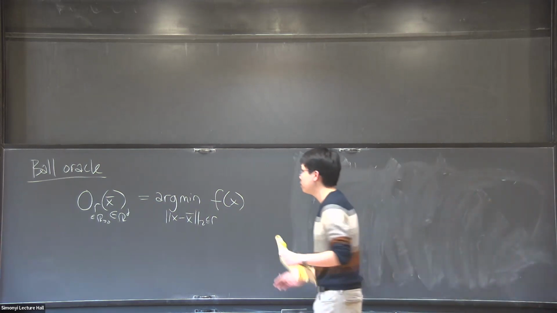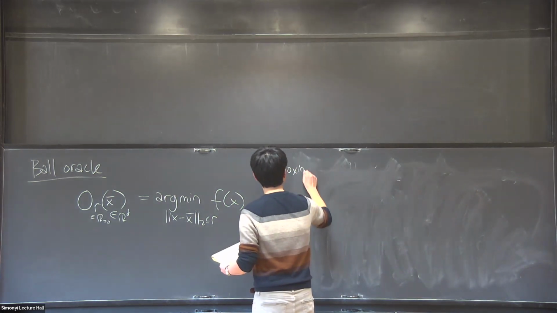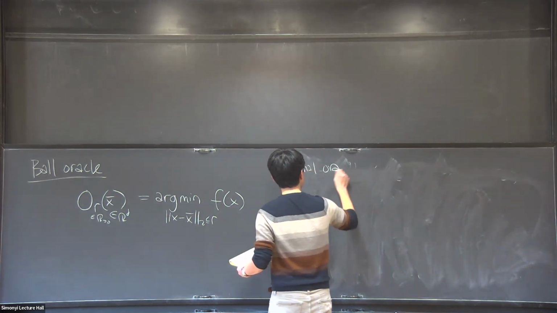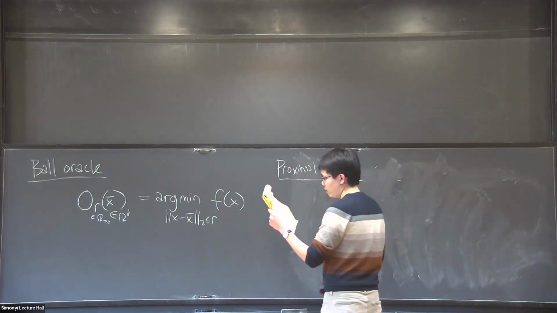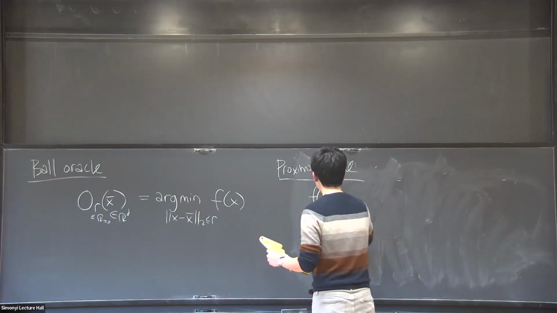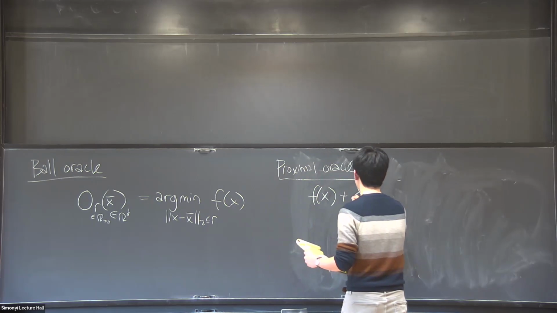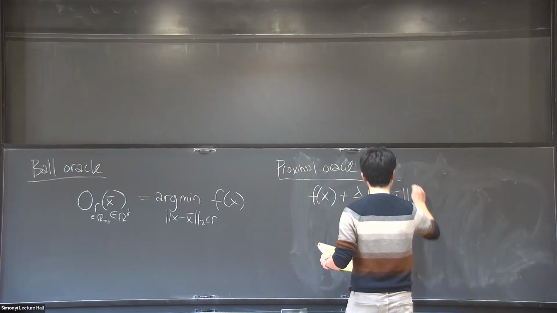Okay, so what is a proximal oracle? So a proximal oracle is an unconstrained minimizer, and it just asks for the minimizer to the following objective.